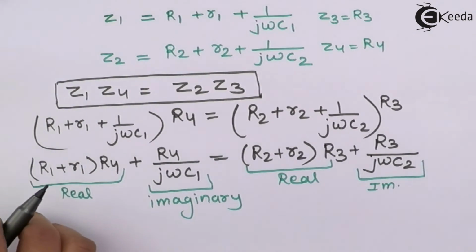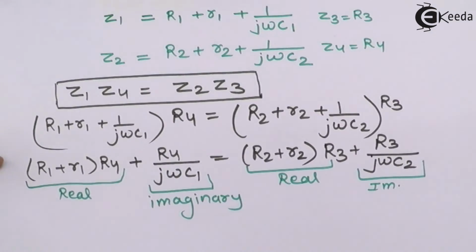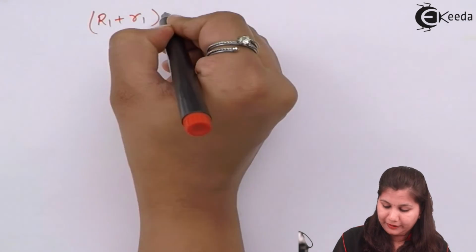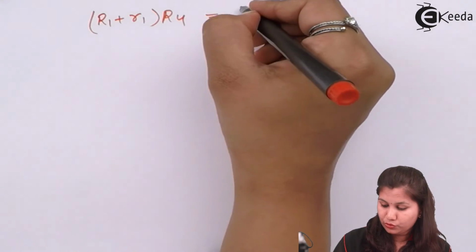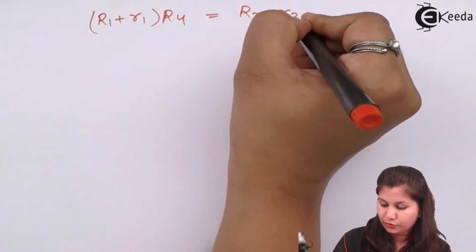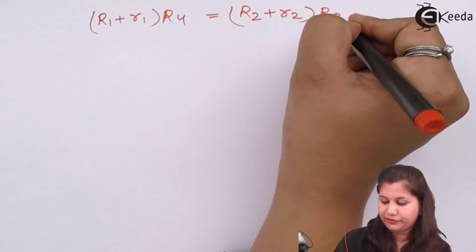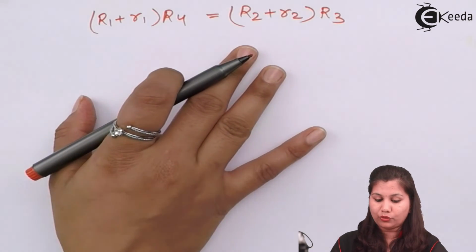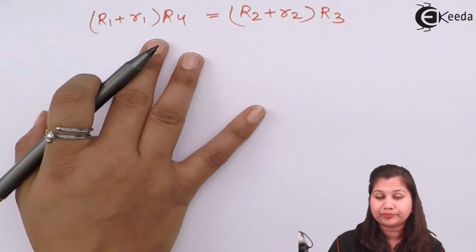So equating the real parts only, we will get the equation R1 plus small r1 multiplied with R4 equals R2 plus small r2 multiplied with R3. Solving this equation, we get the value of the resistances.